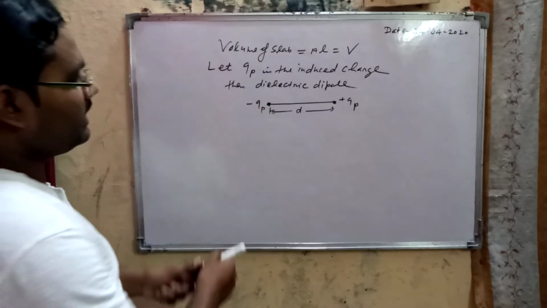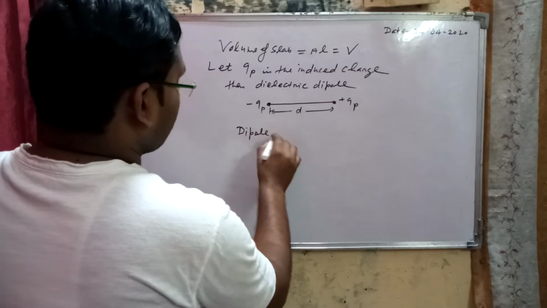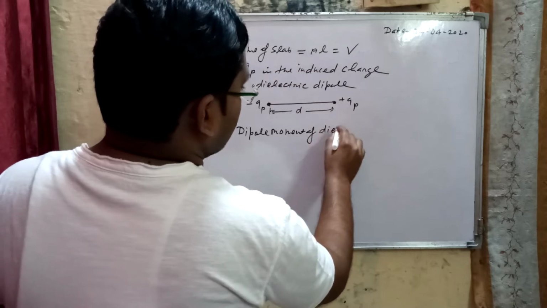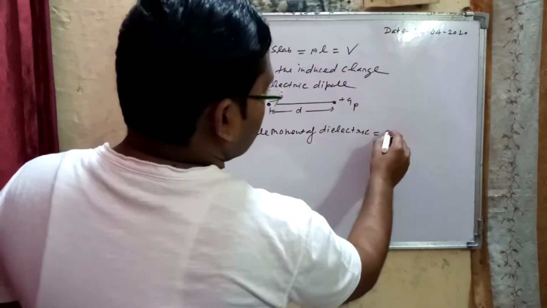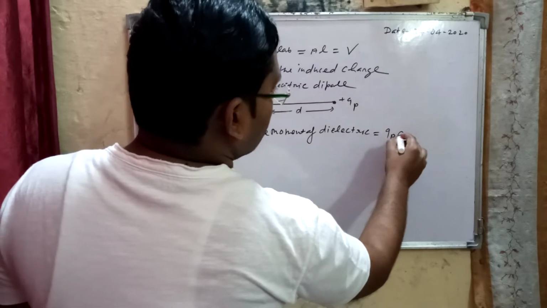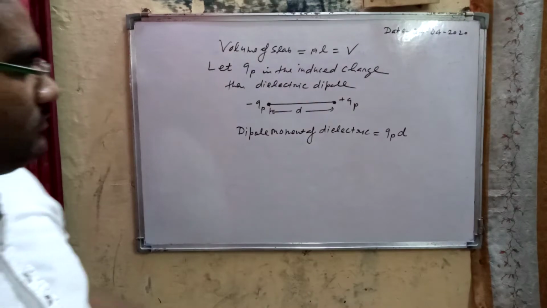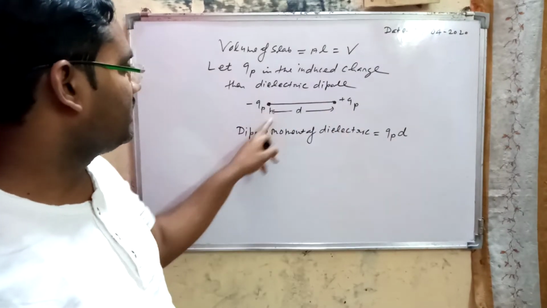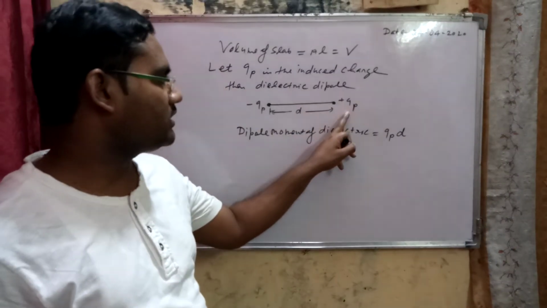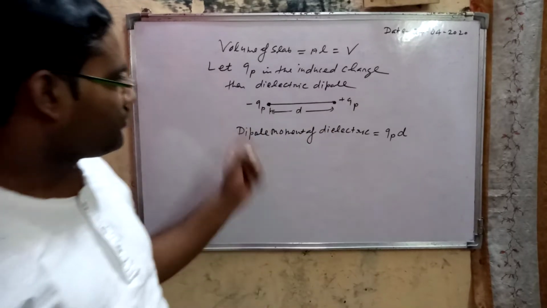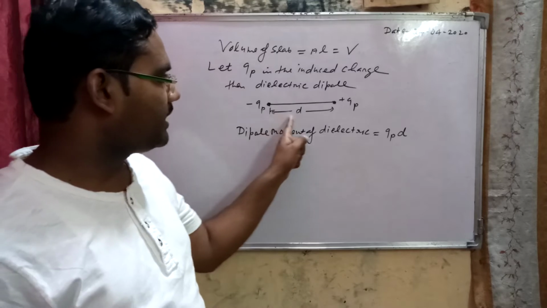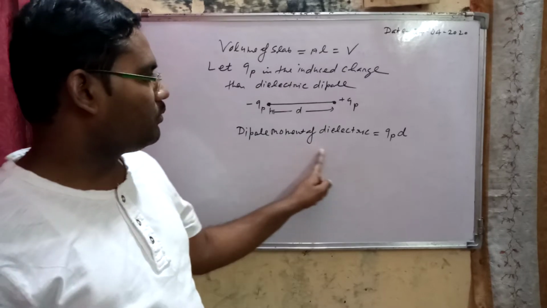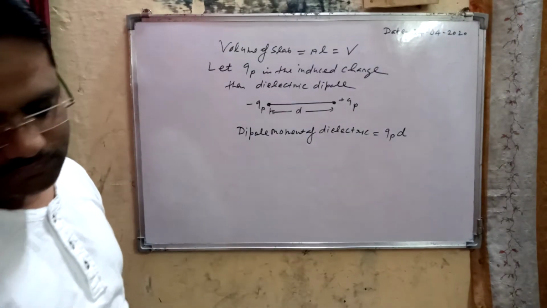Now here the dipole moment of the dielectric is equal to QP into d. Here minus QP and plus QP. This one is the negative induced charge, this one is the positive induced charge. If there are two charges of the same magnitude but opposite signs separated by a distance, then they have a dipole moment. Then here the dipole moment of the dielectric is QPd.